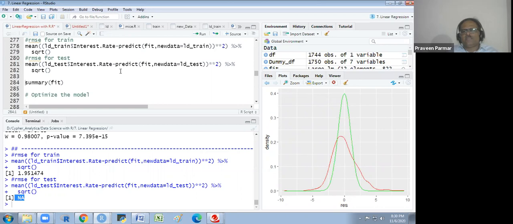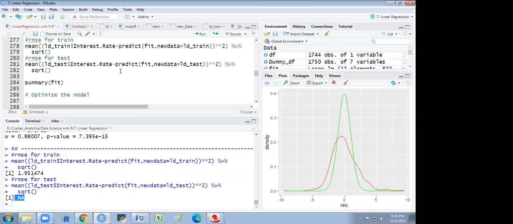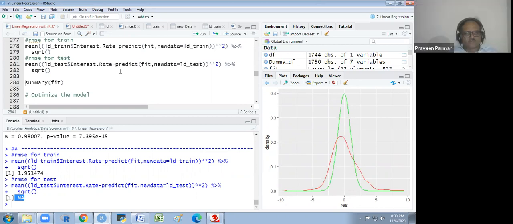Why is it giving me NA? Aditya, why is it giving me NA? Okay, Nikita, can you explain to me why it is not giving me the mean RMAC for the test data?